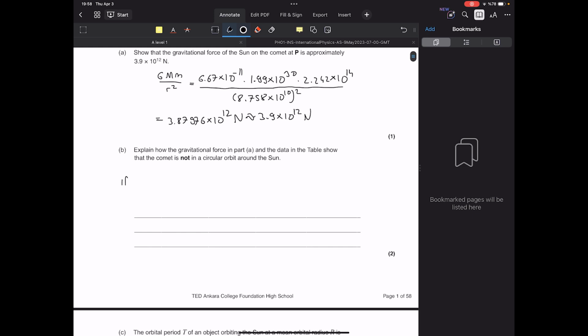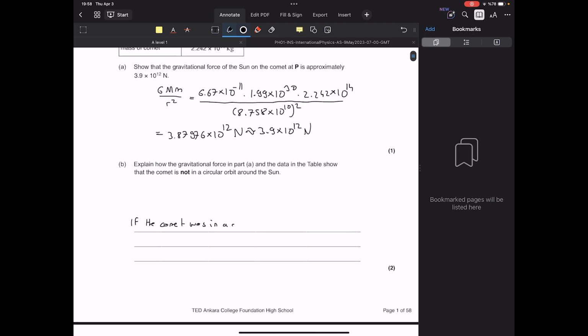So if the comet was in a circular orbit, GMm over r squared would be equal to mv squared over r. Now let's calculate mv squared over r.